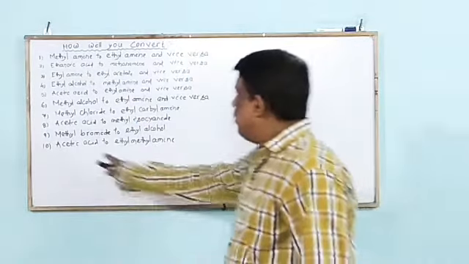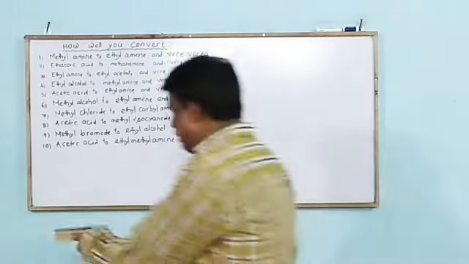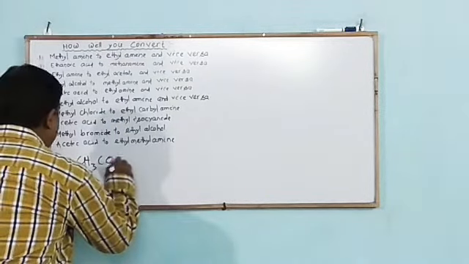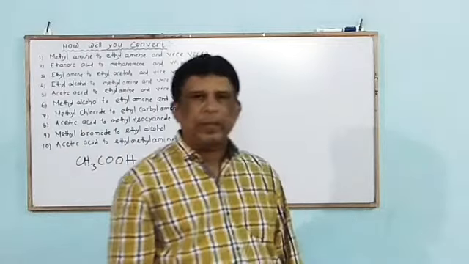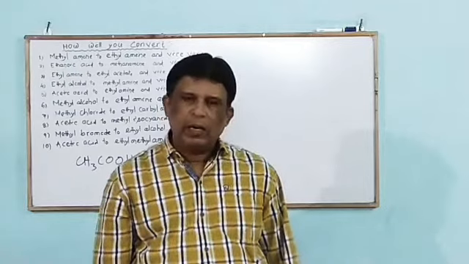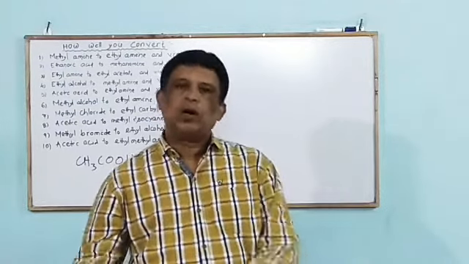Mark that. First is acetic acid to ethyl methyl amine, CH3COOH, that means a 2-degree amine. So first we convert to a 1-degree amine, then react with alkyl halide to form a 2-degree amine.